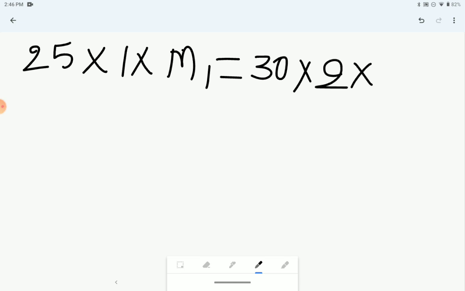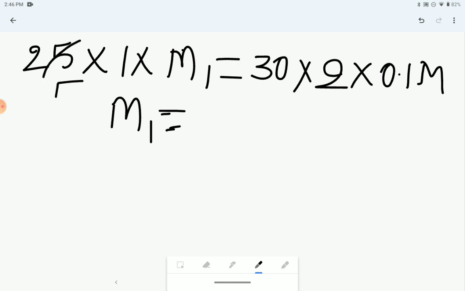Also, it was given in the question that it is 0.1 molar. So the molarity of the second solution was also given. So we need the molarity of the first solution. 6 into 0.1 comes out to be 0.6.